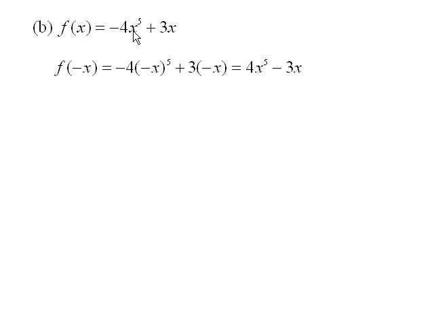Do that by replacing x by minus x and seeing how it simplifies, and you'll notice that since it's to an odd power in both terms of the function, raising minus x to that odd power changes the sign. So instead of minus 4x to the fifth, it's 4x to the fifth. And instead of 3x, it's minus 3x. Well, they don't match.